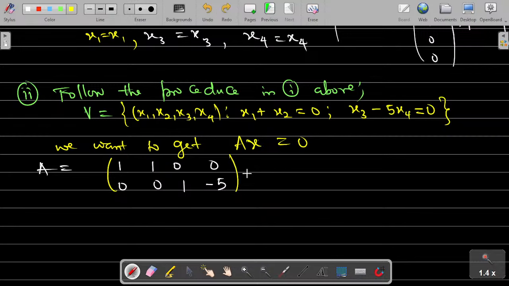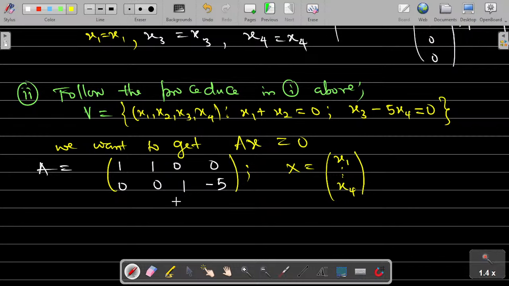Okay, so that's our A, and then our x is also going to be x1, x2, x3, x4. So let me put it this way, x1 up to x4 so that it won't take much of our space. That's our x. And then you can see from here that our V, which is the whole of this composure here, is going to have two free variables.